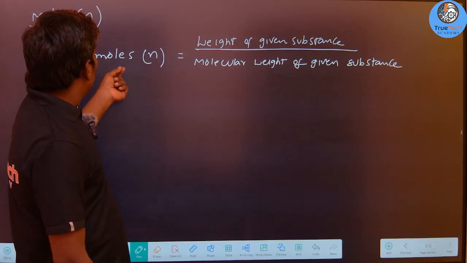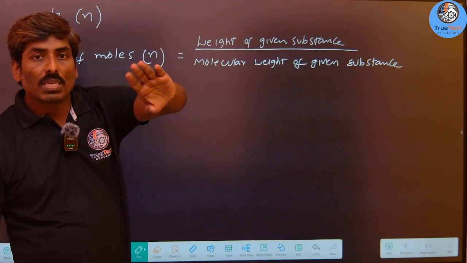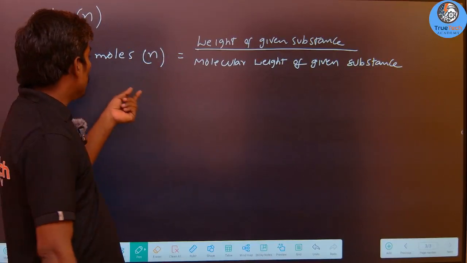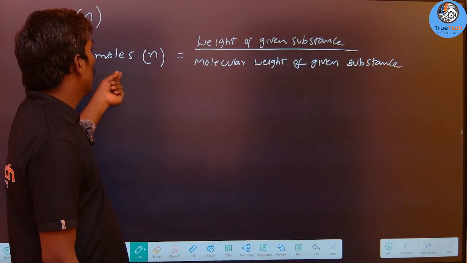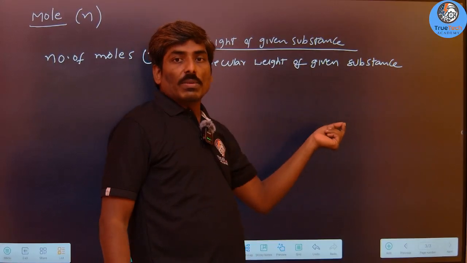To calculate the number of moles, this is the formula. I am not going to discuss the moles further, as at this moment it is not required. We require only the formula.